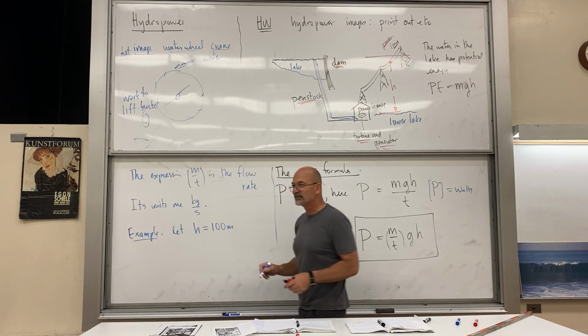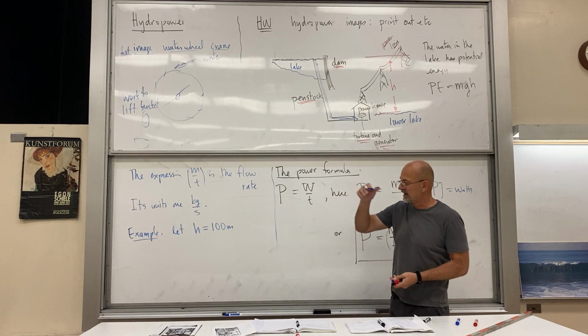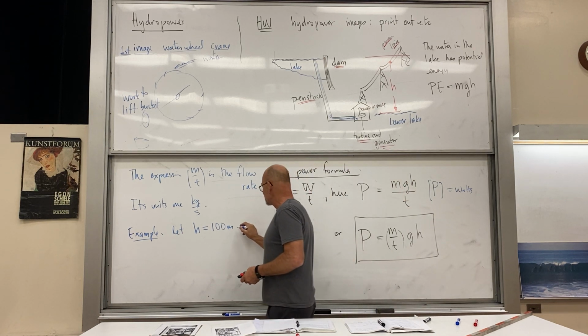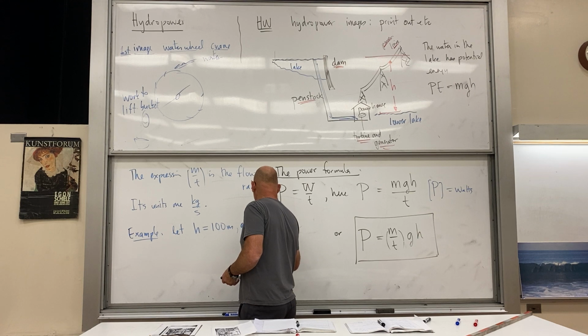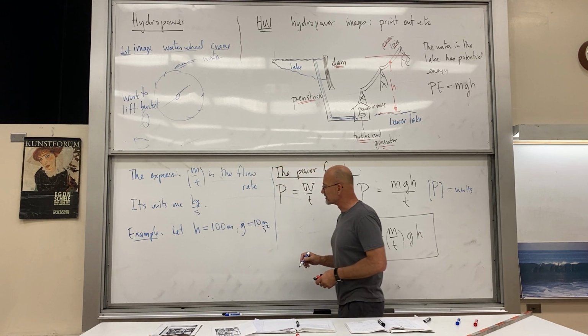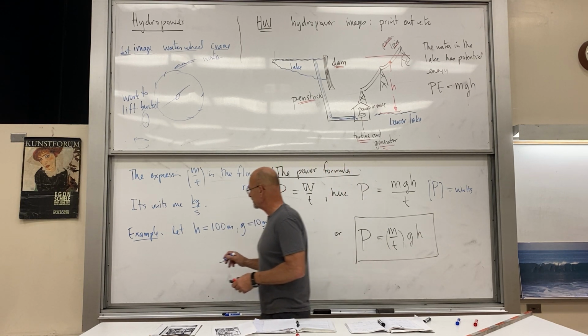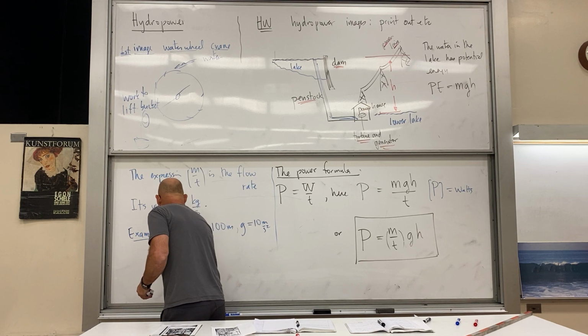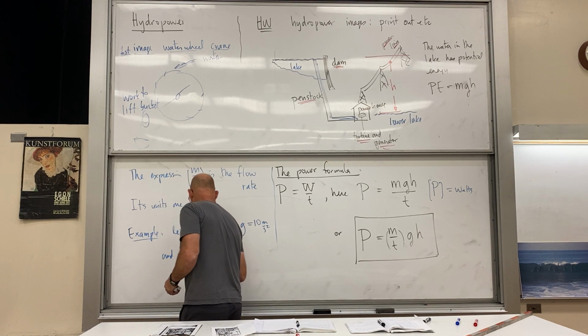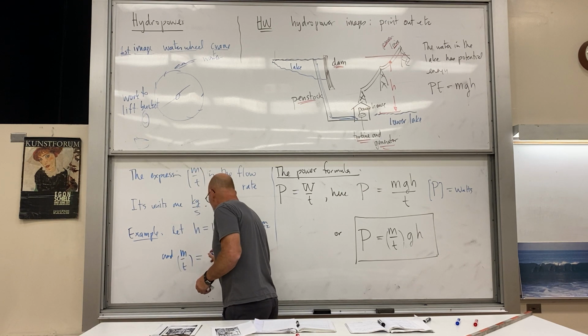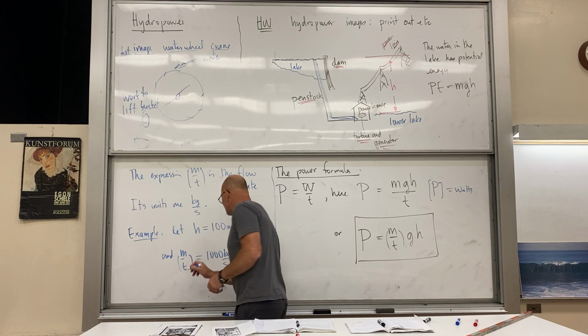That's just over the length of a football field, that's the height. We're going to just take g as 10 meters per second squared. We can do that, it's an approximation. And the flow rate, m divided by t, we're going to take to be 1,000 kilograms per second.